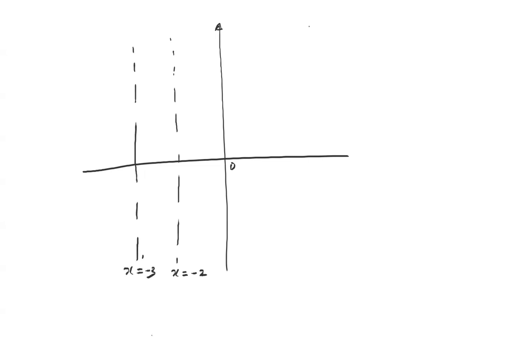So the graph goes like that. The y-intercept is positive, correct? It goes like that. And the x-intercept, what is the x-intercept? Negative. So it goes like that. That is how the graph goes.